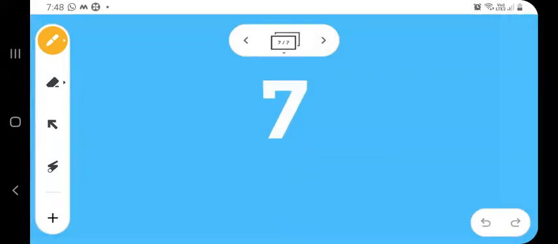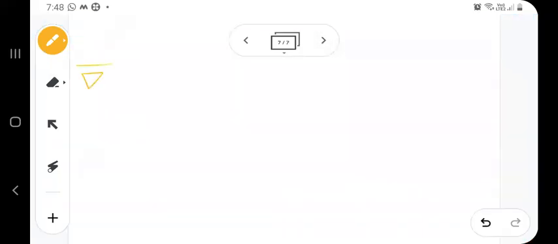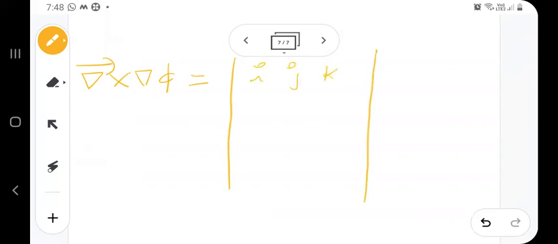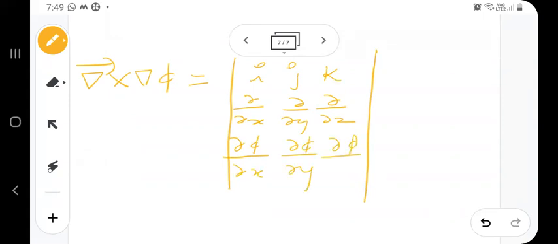So how to do? Del bar cross del phi is equal to, using the determinant method, i, j, k; dou by dou x, dou by dou y, dou by dou z; the x component of grad phi is dou phi by dou x, the y component is dou phi by dou y, and the z component is dou phi by dou z.